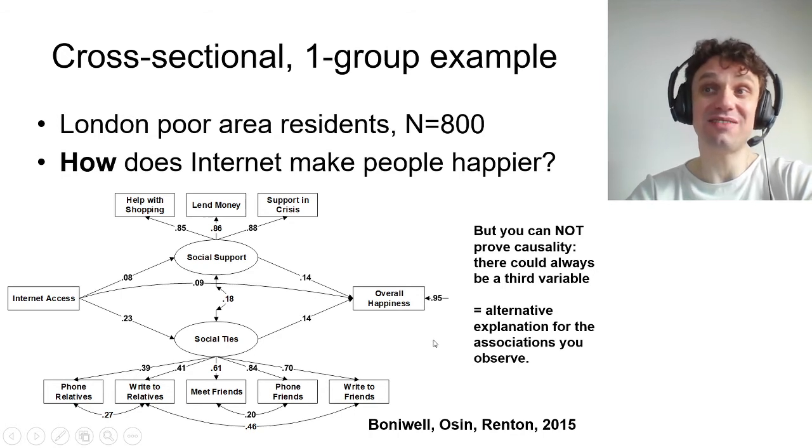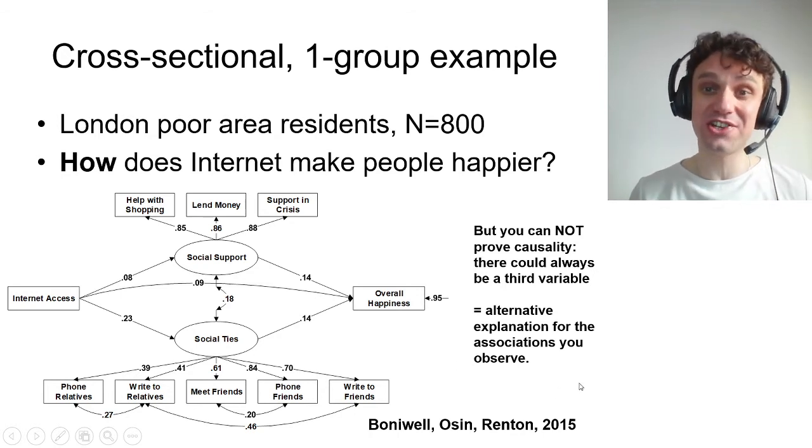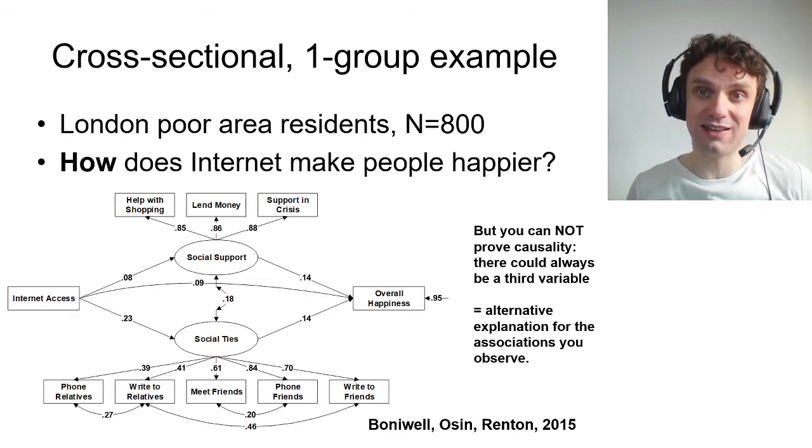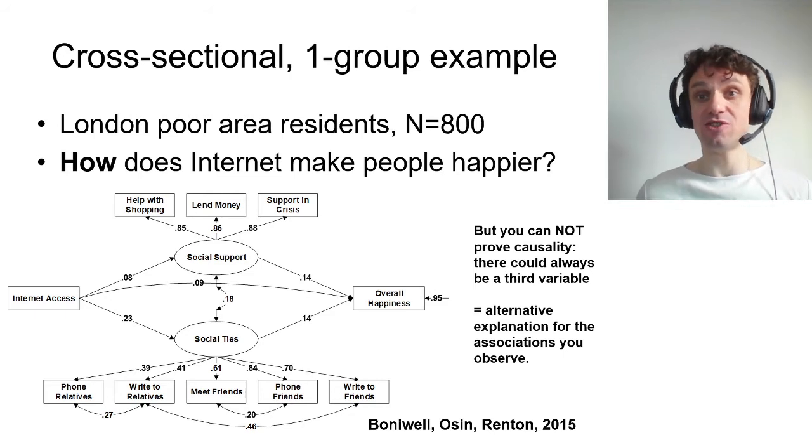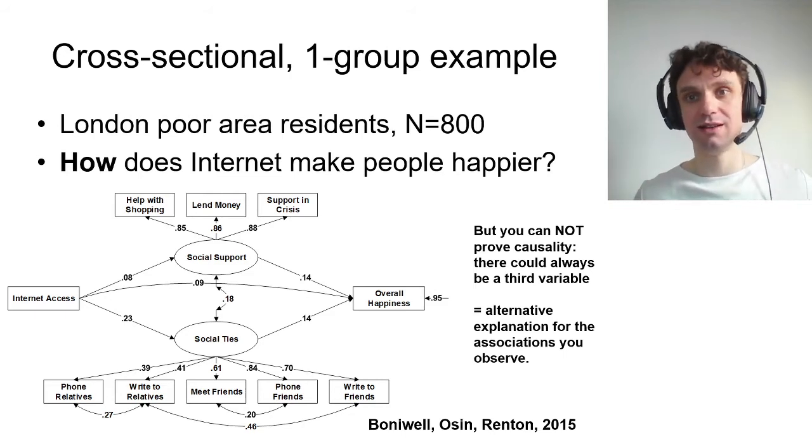But of course, even if this model has some underlying causal logic, there is no way you can prove this causality. You can only say, okay, this model fits my data, but maybe there are other models that are better.